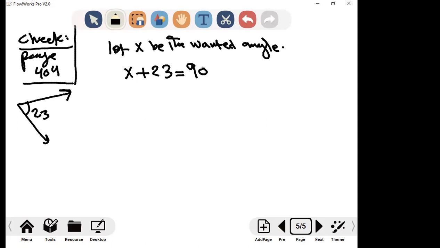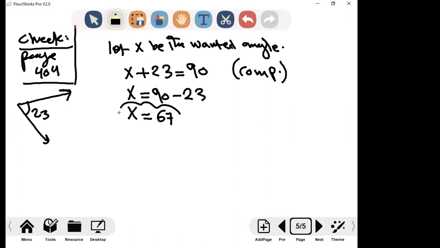Because from the question we know that they are complementary. So right beside it, in parentheses, write complementary. Now shift the 23: x equals 90 minus 23. Then select B after you write these steps.